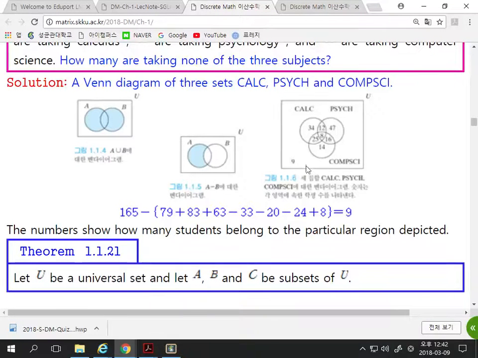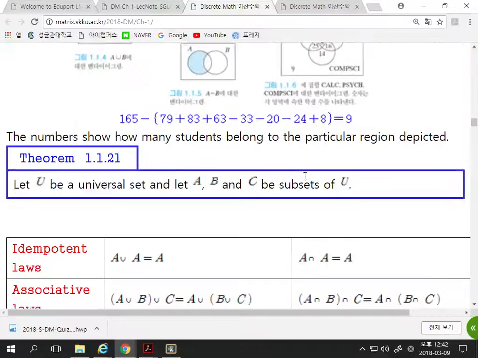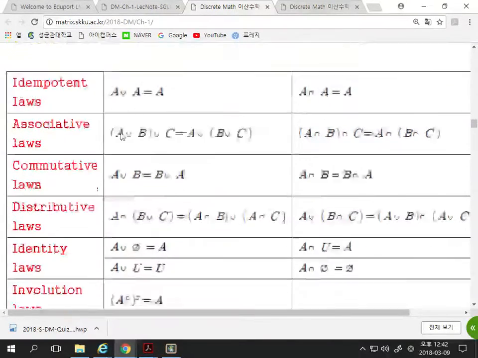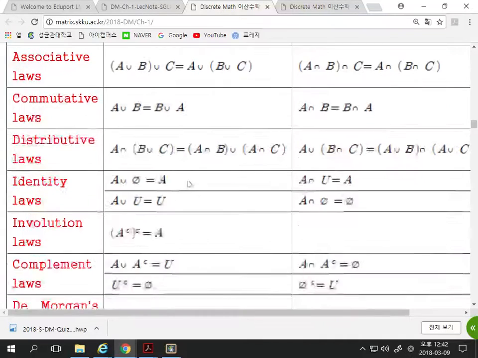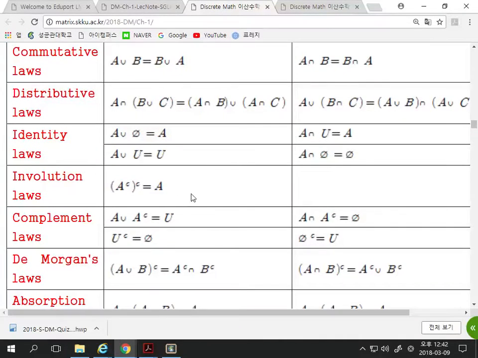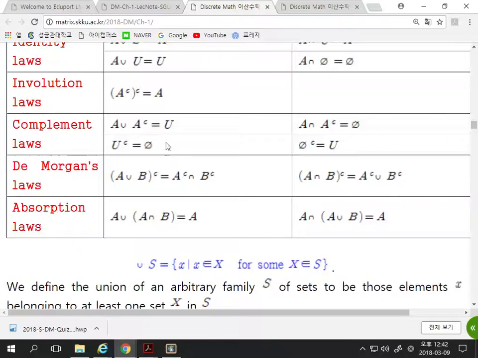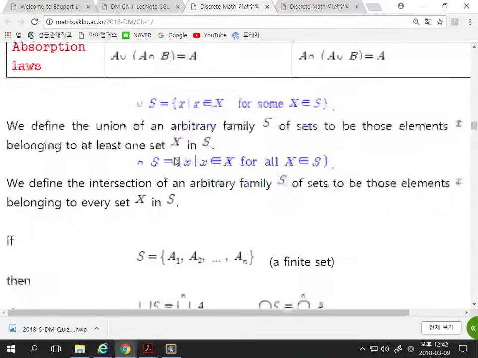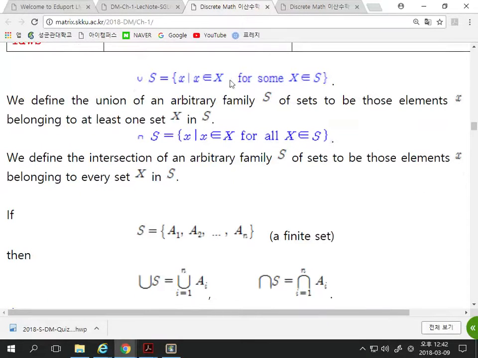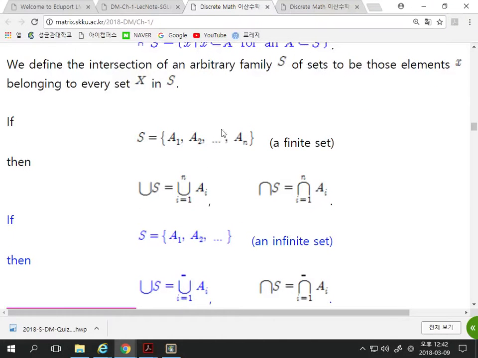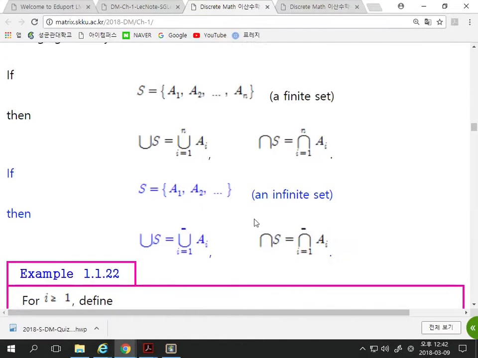So the Venn diagrams are used to compute those. And these are the rules for the union and intersections that you have learned before. And these are the notations for union and intersections, for finite and for infinite sets.